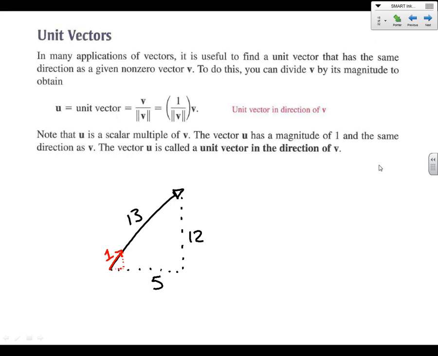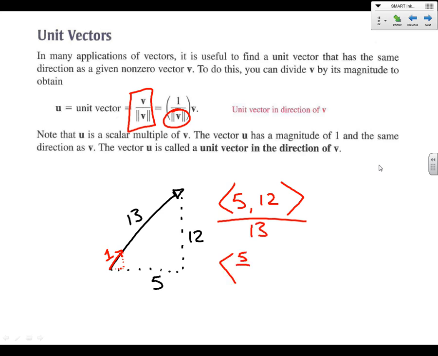And all you do with this is you take the vector 5 comma 12 and divide it by its magnitude. That's what this is saying here. The vector divided by its magnitude. 5 comma 12 divided by the magnitude, which is 13. So the unit vector would be 5/13 comma 12/13. Because if you did the Pythagorean theorem with 5/13 and 12/13, the hypotenuse length would be 1.